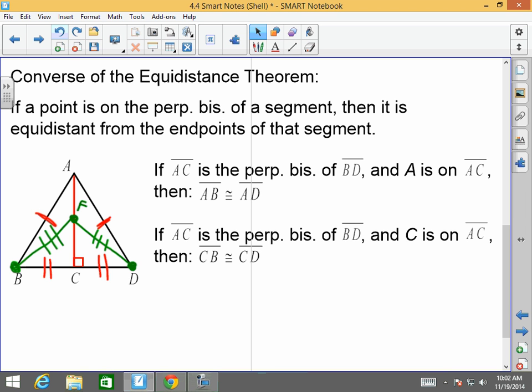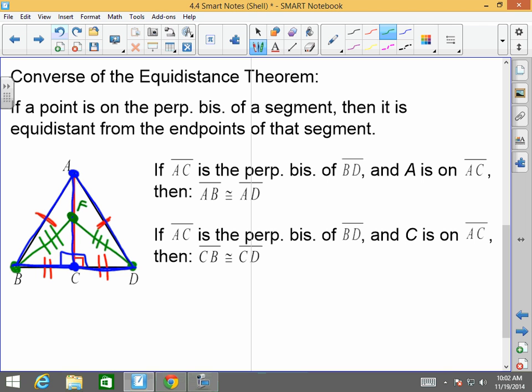It's completely different. Think about it like this: AC is the perpendicular bisector of BD, correct? A is a point on AC, correct? So isn't AB congruent to AD and CD congruent to CB? Well, isn't F now a point on the perpendicular bisector? So FB will also be congruent to FD.